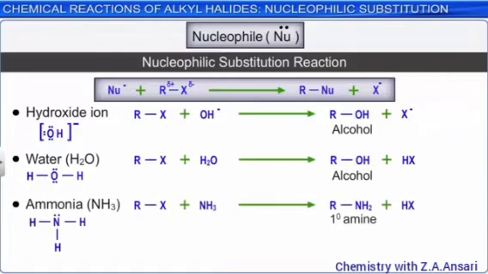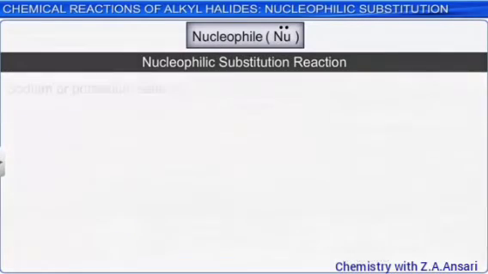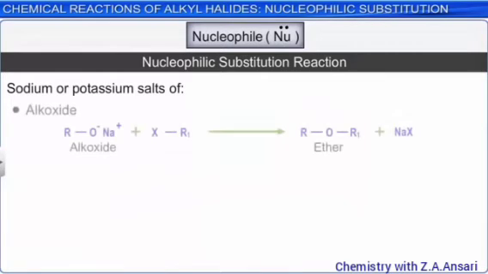Ammonia and substituted amines are used to convert alkyl halides into amines. Note the lone pairs on each formula. Sodium or potassium salts of alkoxides can be used to make ethers from alkyl halides.